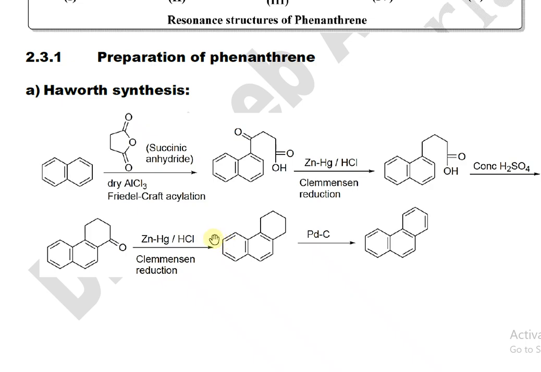Finally we have aromatization to produce the aromatic system in this ring. These are 5 multi-step reactions to prepare the phenanthrene compound. This is not substituted phenanthrene.